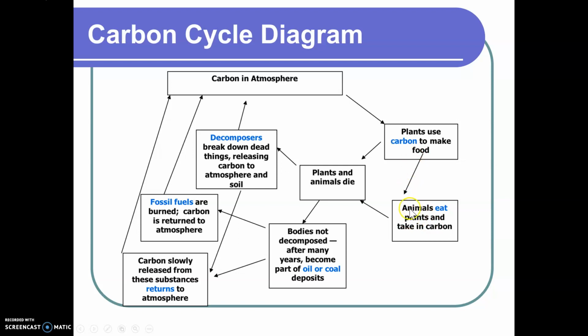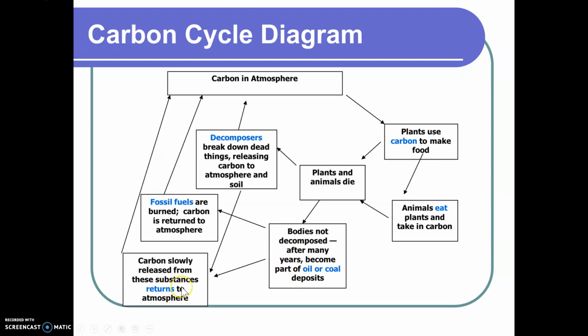And then when these two organisms, plants and animals, die, there are two options. It'll either get decomposed using decomposers and go back into the atmosphere, or they will not be decomposed, and after many years, they'll become part of our fossil fuel deposits, oil or coal. Now, once we have fossil fuels, there are two different ways that fossil fuels can get that carbon back into the atmosphere.